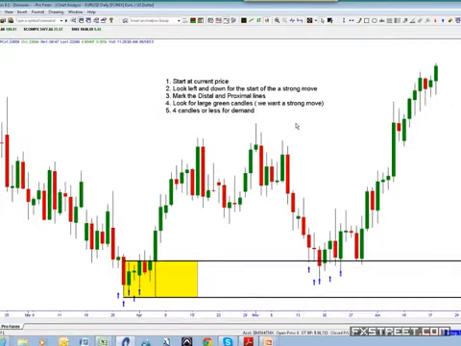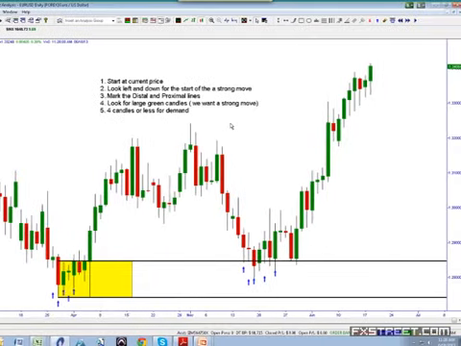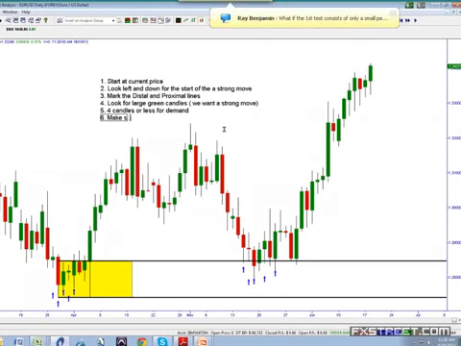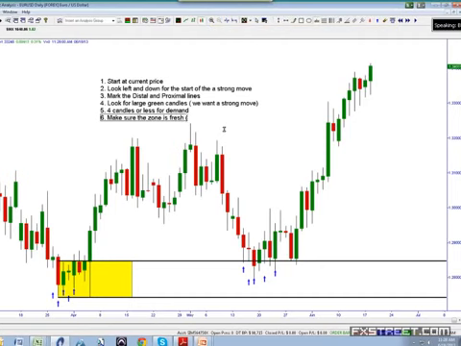I'm going to be looking at the current price, look left and down for the start of a strong move, mark out my lines, okay? And I do want to see large green candles, 4 candles or less, and additionally, make sure the zone is fresh, okay?